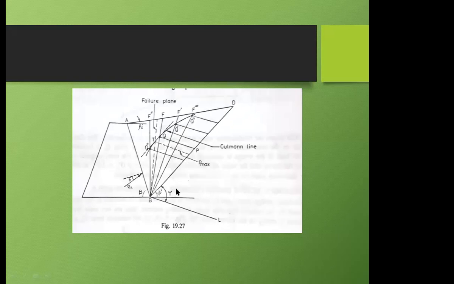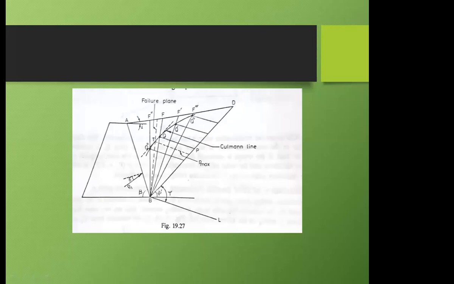The BD line is called the weight line, because we represent weights on this line. We have seen just now, using Coulomb's wedge theory, how to calculate the weights.